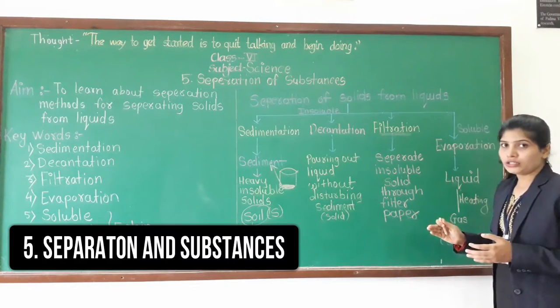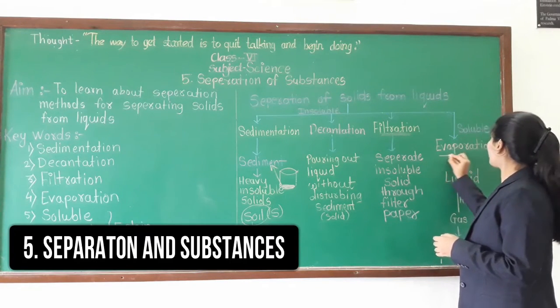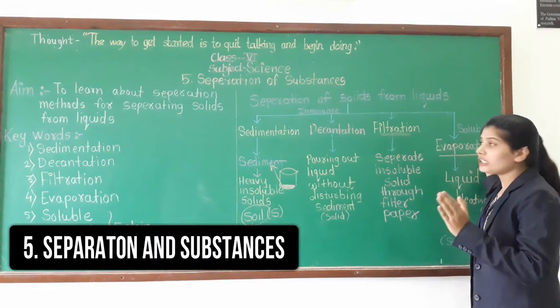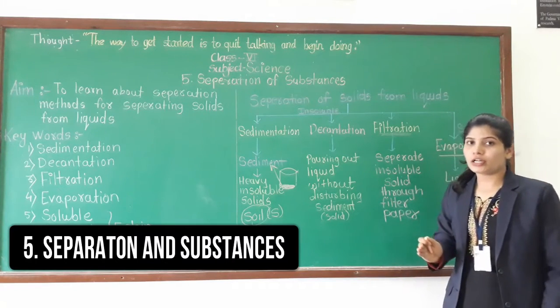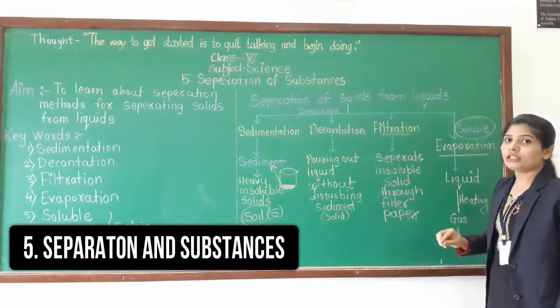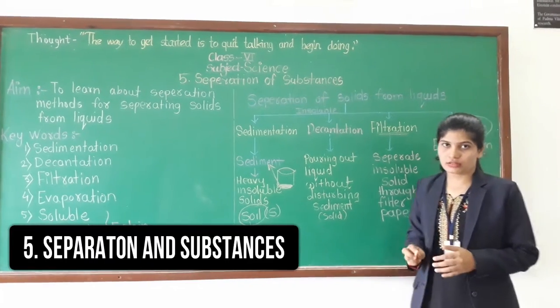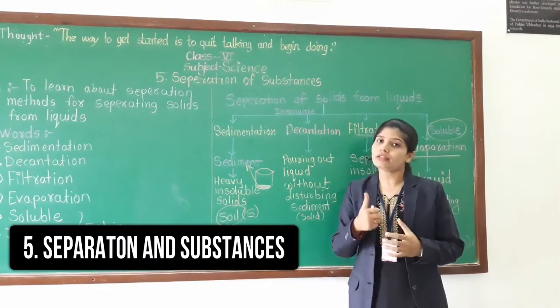Now we will learn another method of separation, that is evaporation. But that is not related to insoluble solids. We use the evaporation method only in the case of soluble solid substances. Already we have learned the keywords insoluble and soluble.